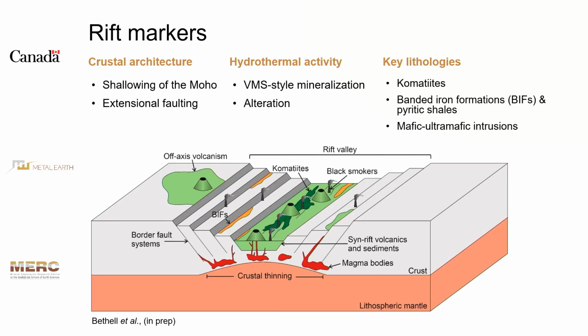Looking at crustal architecture is very important, and this whole study started with looking at MOHO depth. We know rifts are associated with extension and shallowing of the mantle, and they're also associated with extensional faulting, so we should expect to see some association with large-scale extensional faulting and these MOHO anomalies.